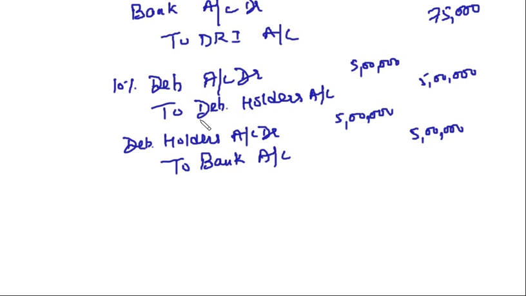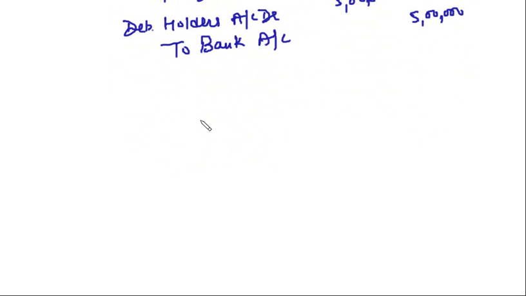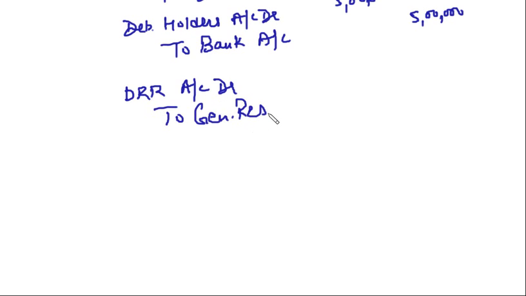But here the question is not specifying, so I assume that DRR balance stands as such at 1,25,000 and I will transfer this balance. DRR account debit to general reserve, right? 1,25,000. Clear, friends?